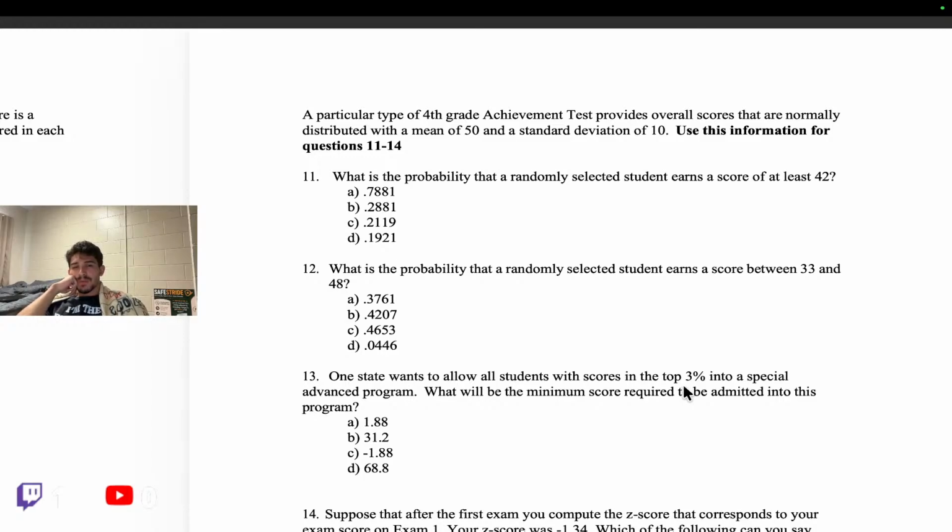A particular type of fourth grade achievement test provides overall scores that are normally distributed with a mean of 50 and a standard deviation of 10. Use this information for questions 11-14. So we have mean 50.